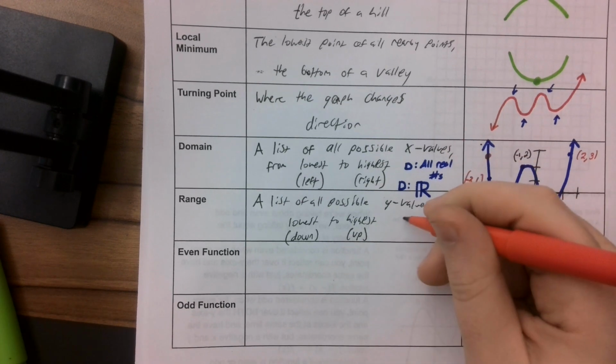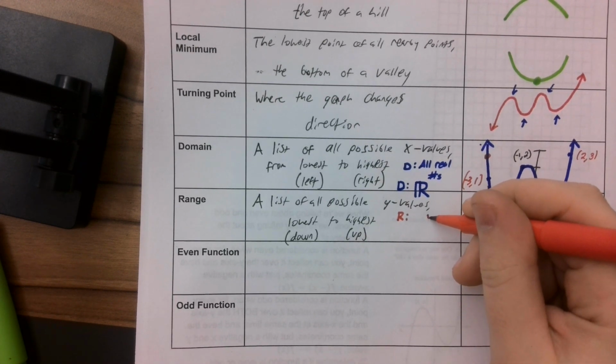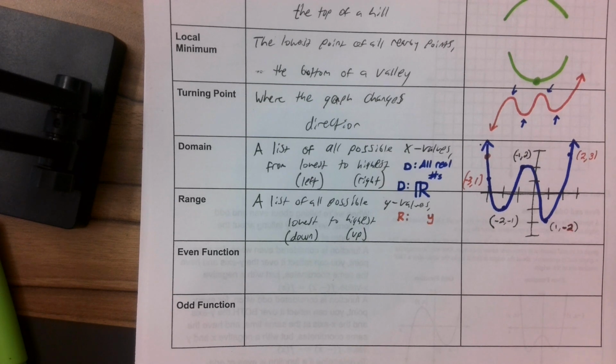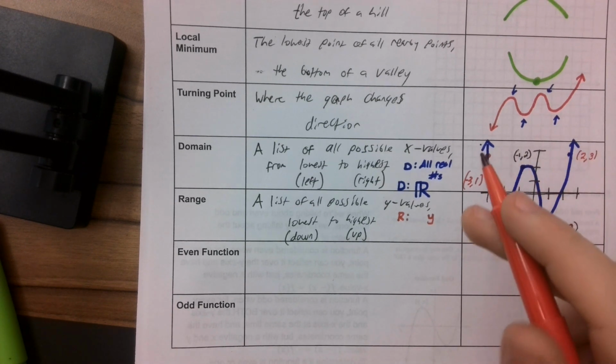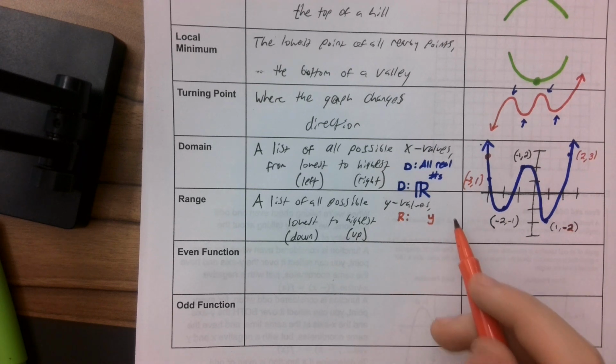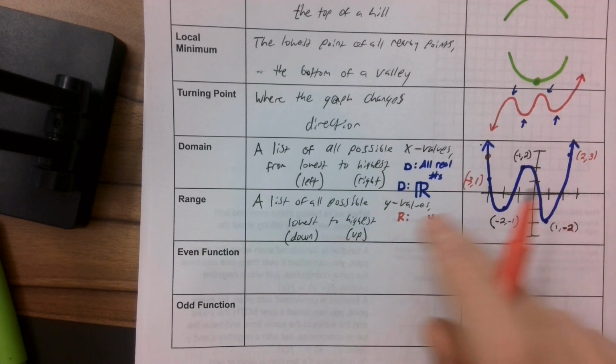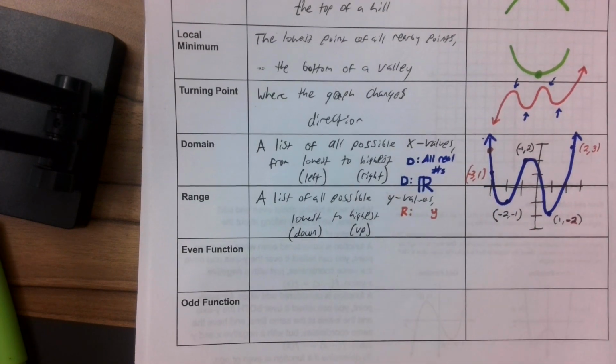To write out your range, you want to write it as an inequality. Since we're talking about range, we're saying our y values are here. If we know the lowest value, it goes on the left. If we know the highest value, it goes on the right. If it goes on forever in any of those directions, we don't write it.